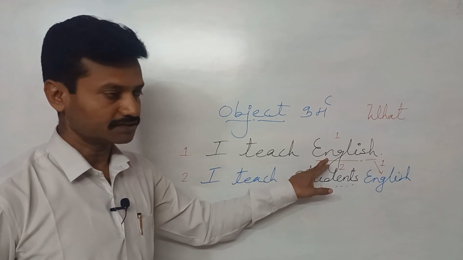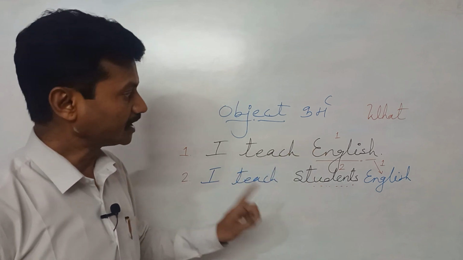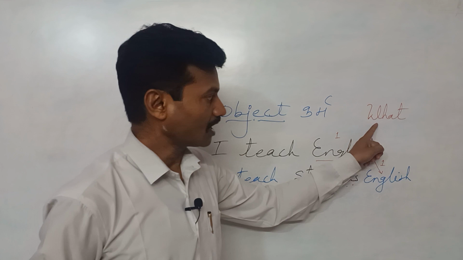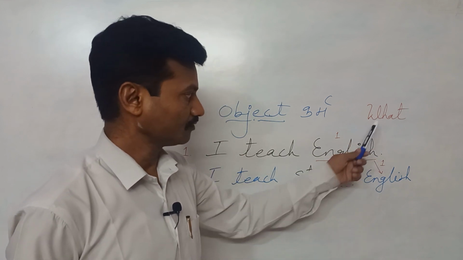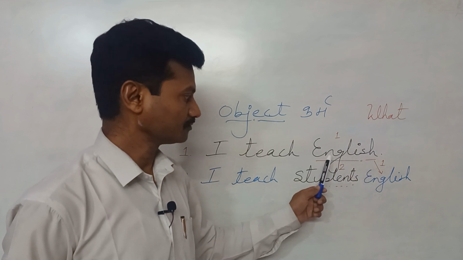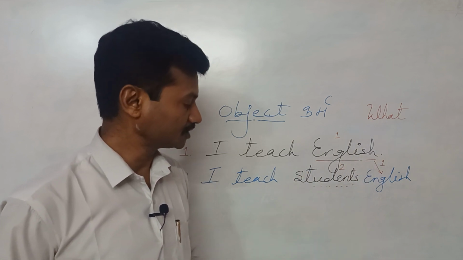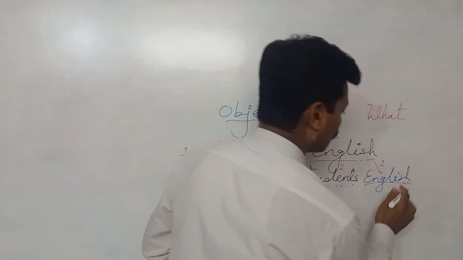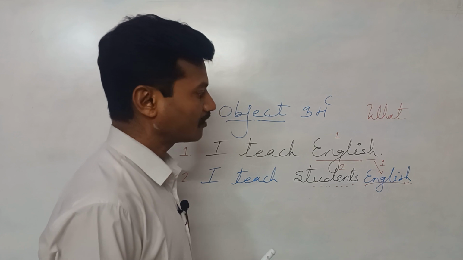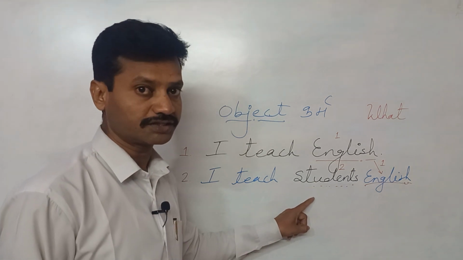Now look. First sentence construction, I teach English. So at that time I informed that with the help of what we got our object English. Here, no doubt, with the help of what we are getting our object English, and there is also another object.